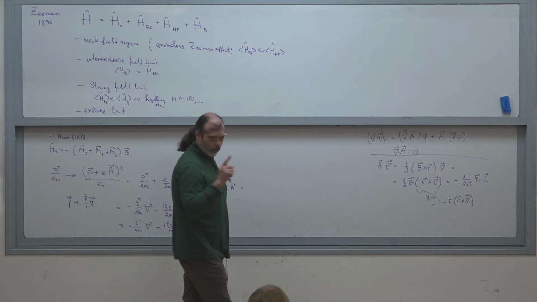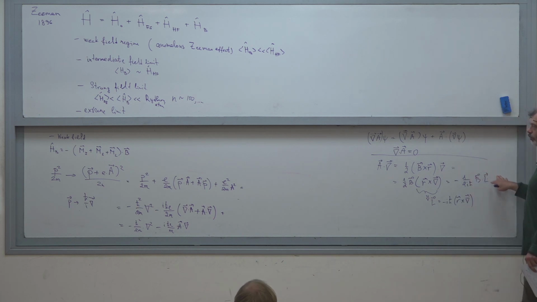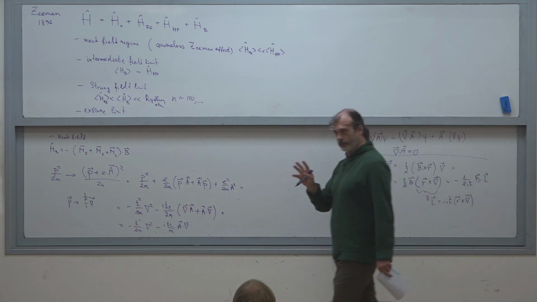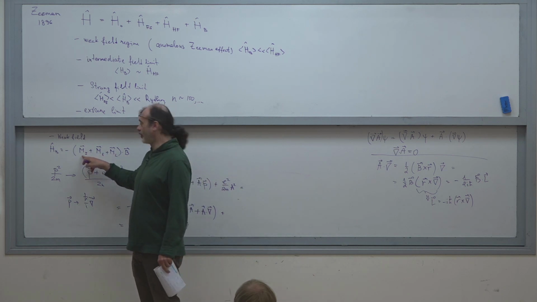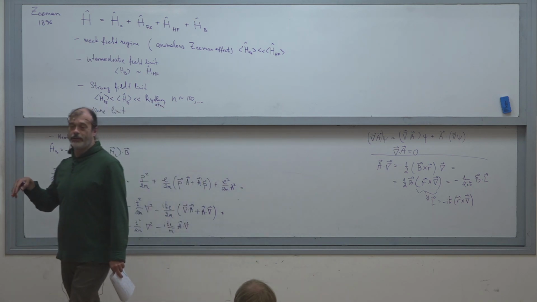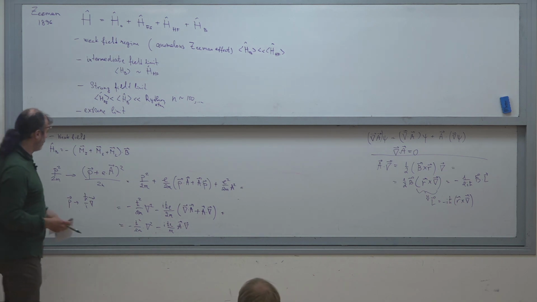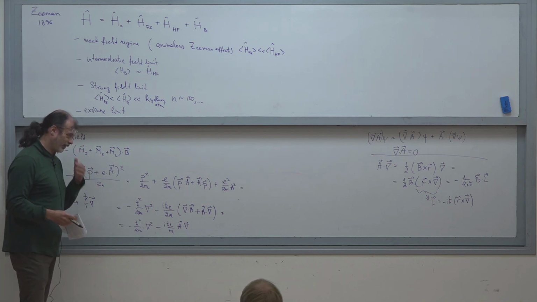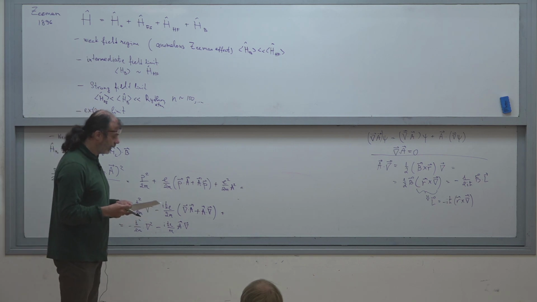But what you see here is only this part, which is related to angular momentum. There is no spin of the electron, spin of the nucleus. So these should be added, for now phenomenologically, but of course it can also be treated strictly.